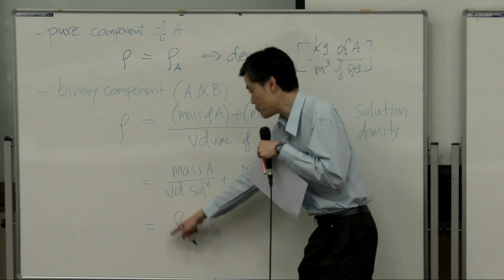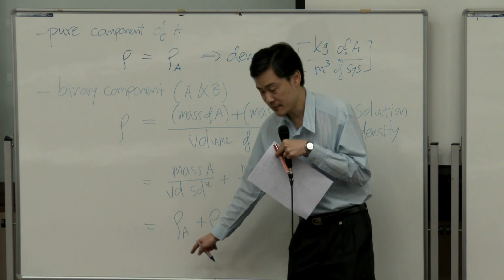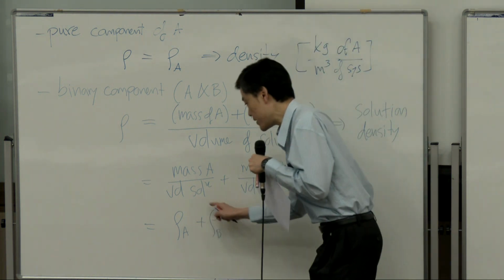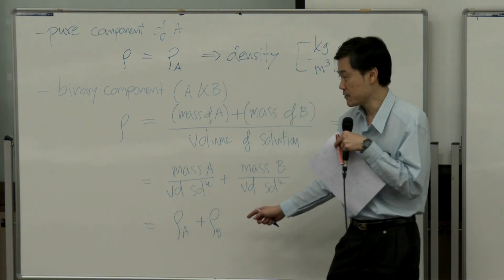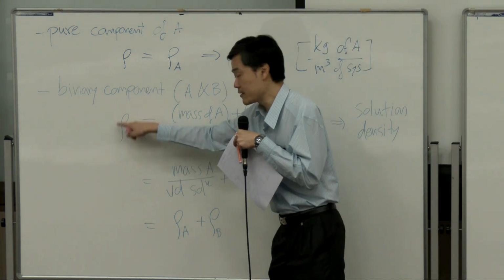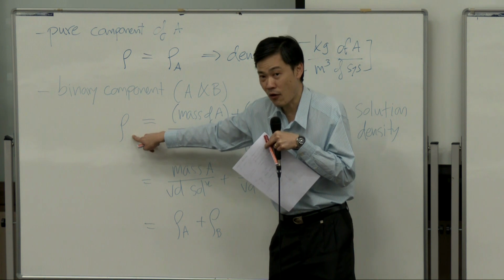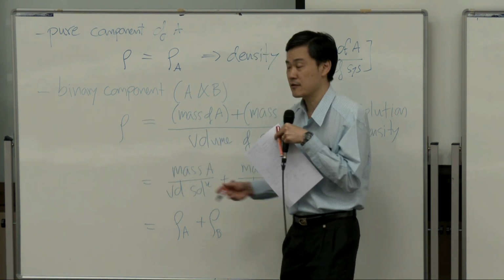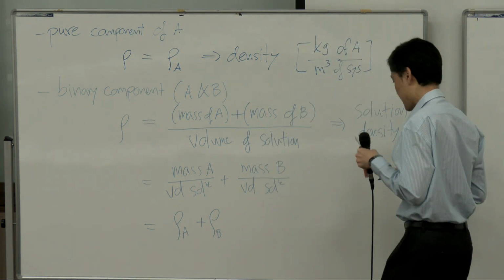Okay? So this rho A now can vary. Same thing applies for rho B as well. So each one is called mass concentration. So therefore, this one can also be called the total mass concentration of the solution. Okay?